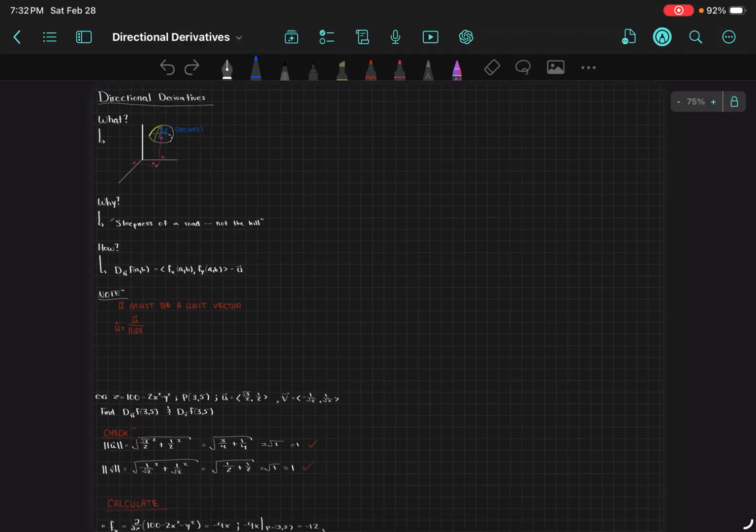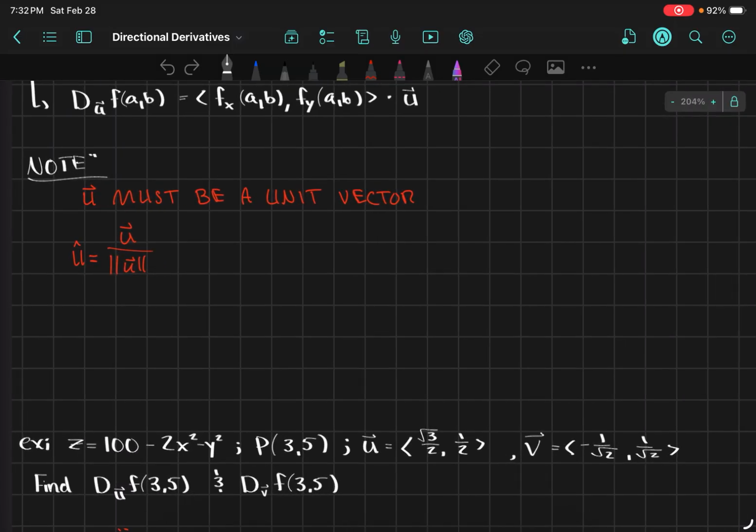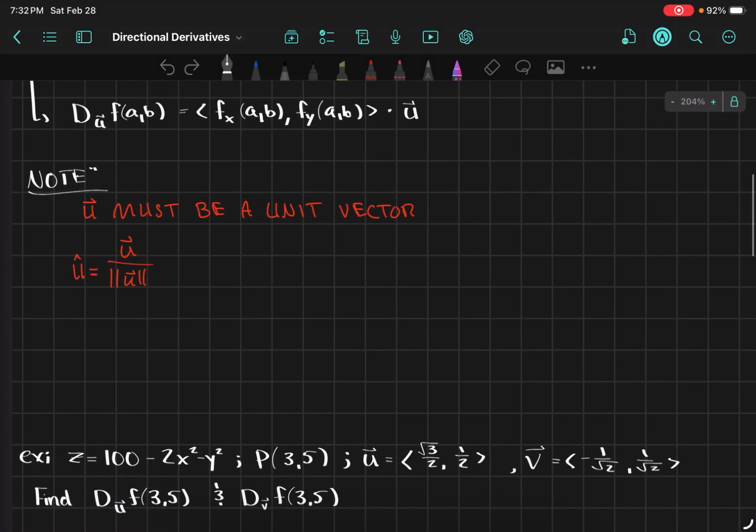Main takeaways from this is what a directional derivative is in the real world. It's the steepness of a road, not the hill the road is built on. And the main note that I want to make is that our u, or whatever the direction is, it must be a unit vector.